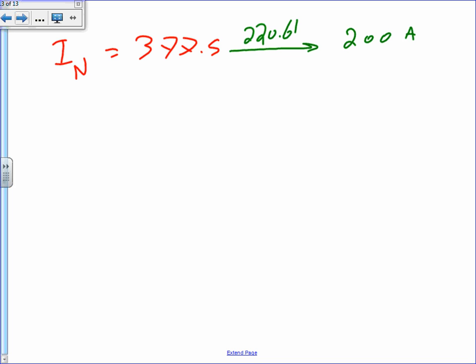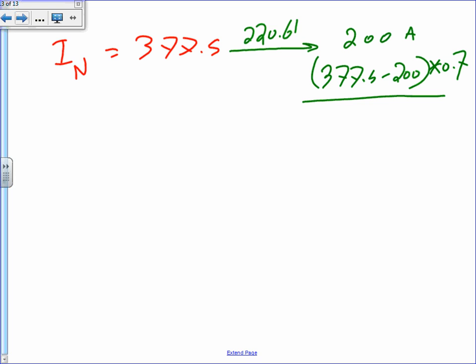Leave them alone. Anything higher than 200, minus 200, what do you do with them? 0.7. Then add 200 to the rest of them. This will be a plus. 324 amps. This is my demand neutral load.